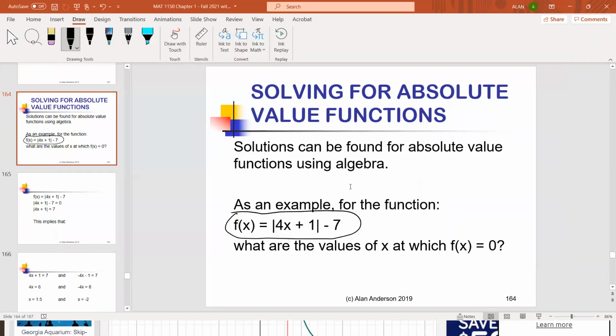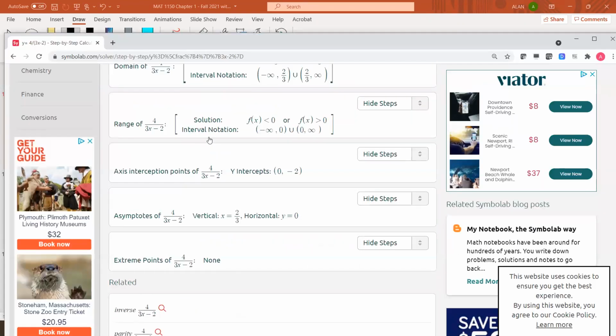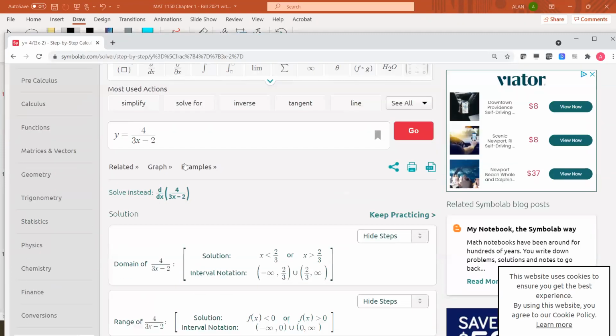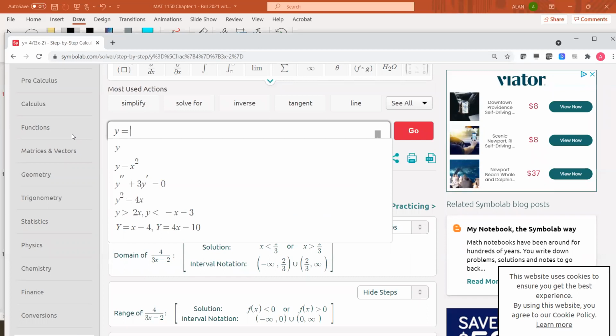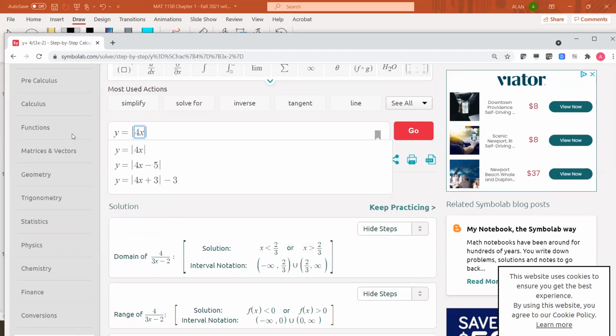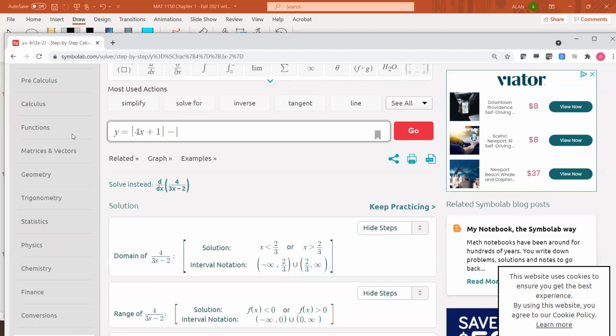So it's absolute value of 4x plus 1, minus 7. I want to see what this thing looks like.